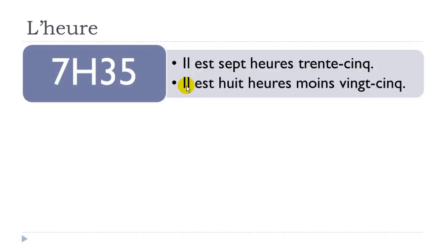So you can say, il est 8 heures moins, moins means minus, 25. Il est 8 heures moins 25. Okay, and you can see that here as well, we don't use the minute word after. Just put the numbers. Okay, il est 8 heures moins 25.